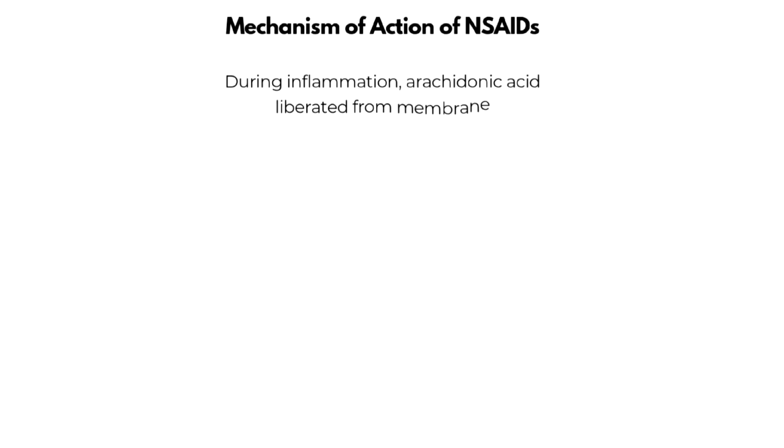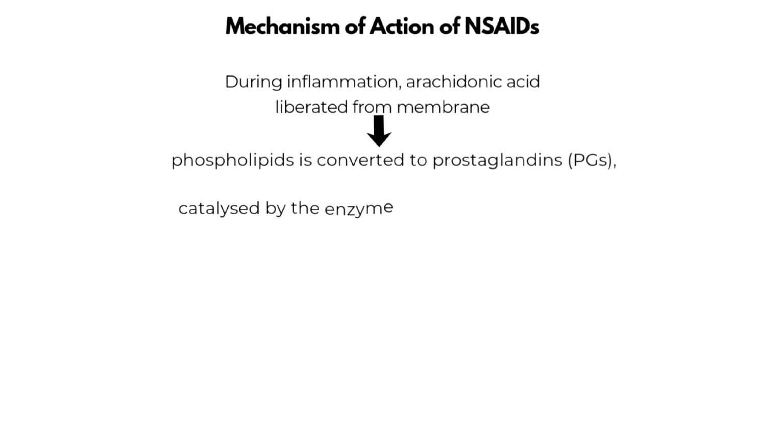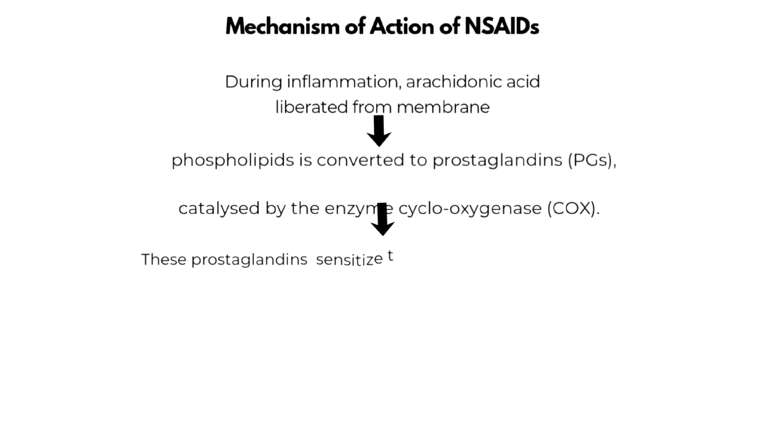Now we will look at the common mechanism of action of NSAIDs. During inflammation, arachidonic acid is liberated from the membrane, as you have already known. It means when the phospholipid in presence of phospholipase is converted into arachidonic acid, further in presence of cyclooxygenase it is converted into prostaglandins.